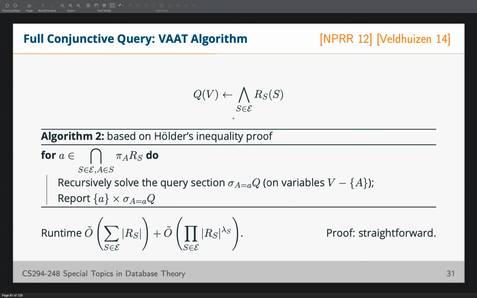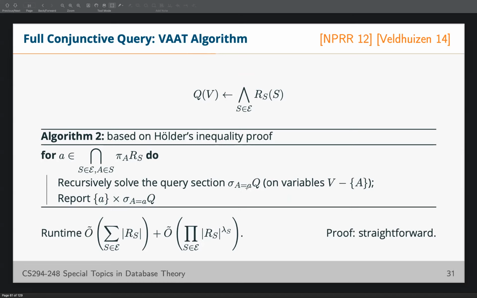Okay, and so here's the algorithm. The algorithm goes like this. Let's loop over all values A in the intersection of the atoms that have A in them, right? And then what we do is we recursively use exactly the same algorithm to compute the little a section of the query on that value.